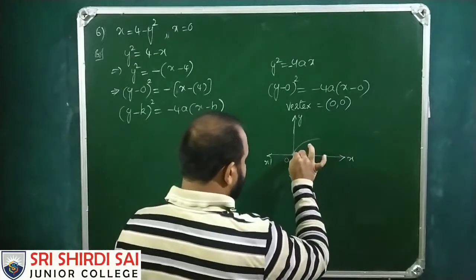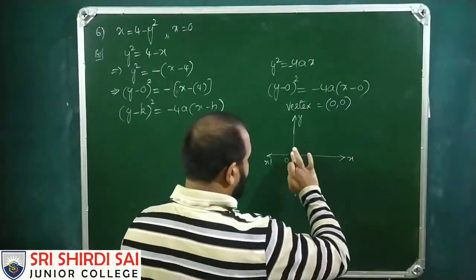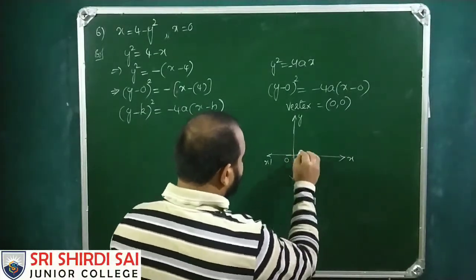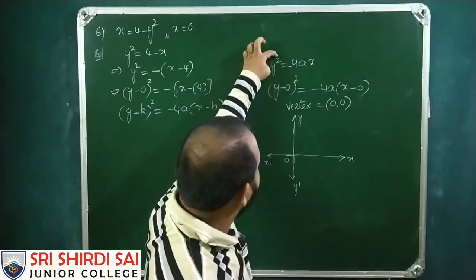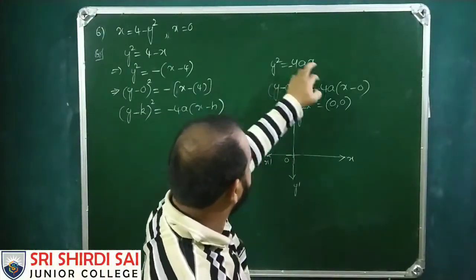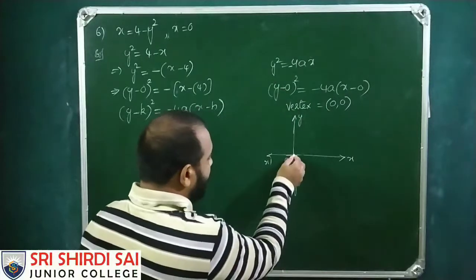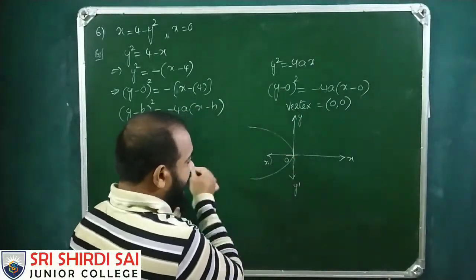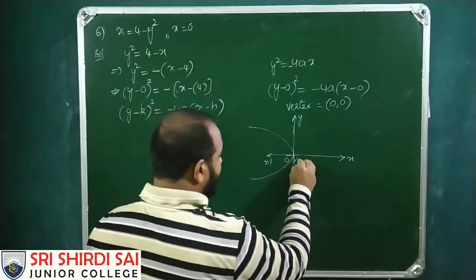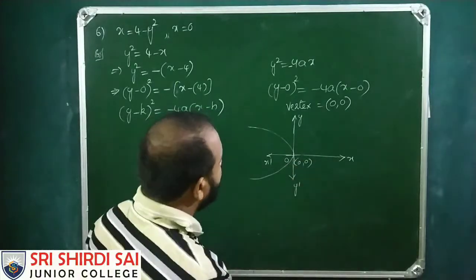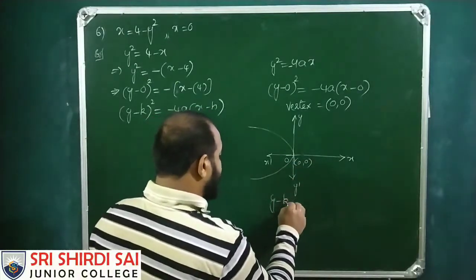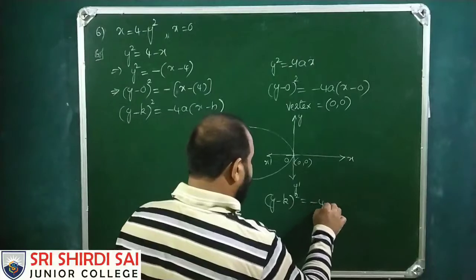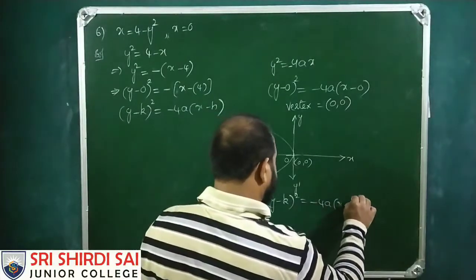Here y power even, symmetric about the x axis. Which x axis? Negative x axis. It is opened in the negative x axis like this. So here this is 0 0. Now y minus k whole square equals minus 4a into x minus h.